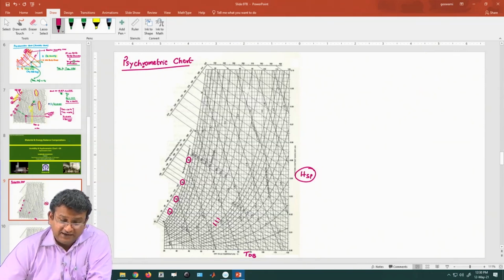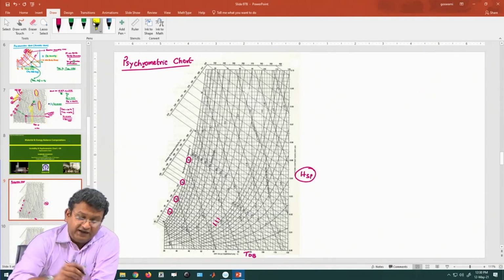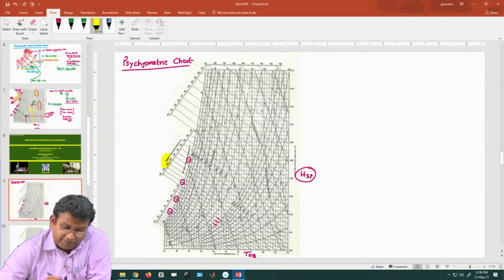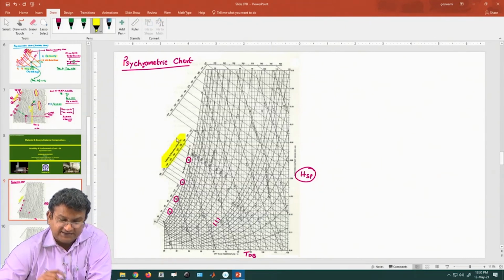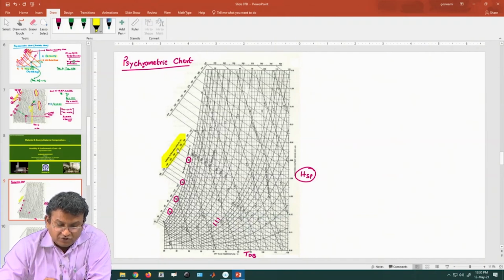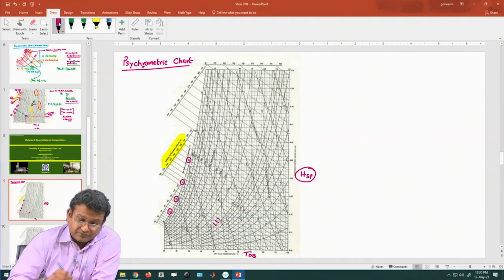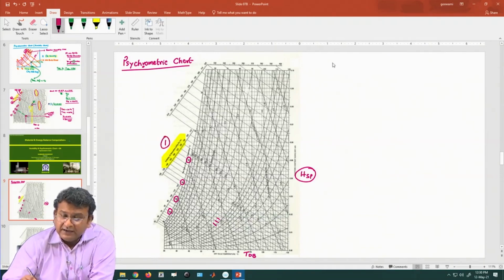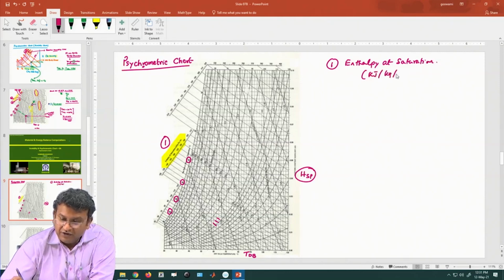But in addition to that, there are three other parameters which I highlighted. The first parameter is enthalpy at saturation, and the unit is kilojoule per kg dry air.